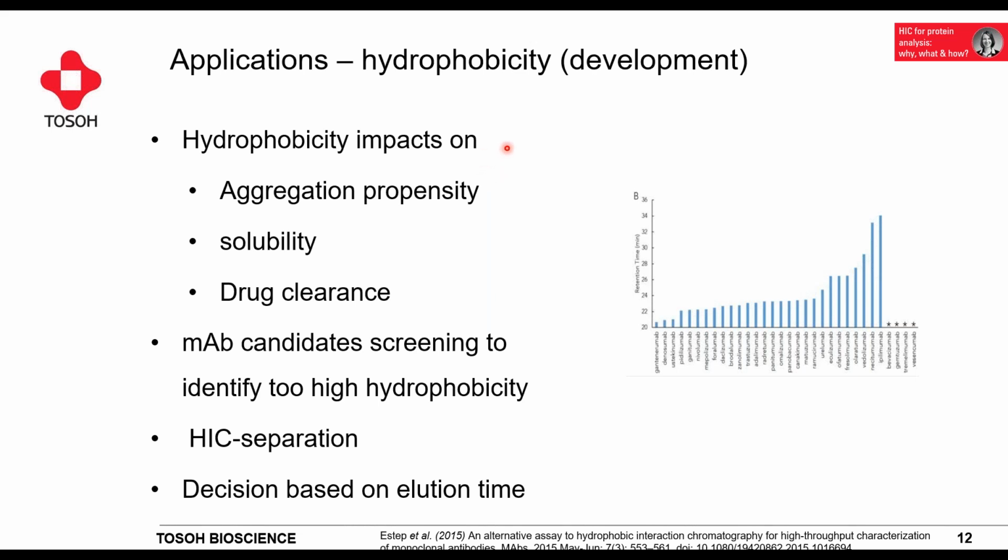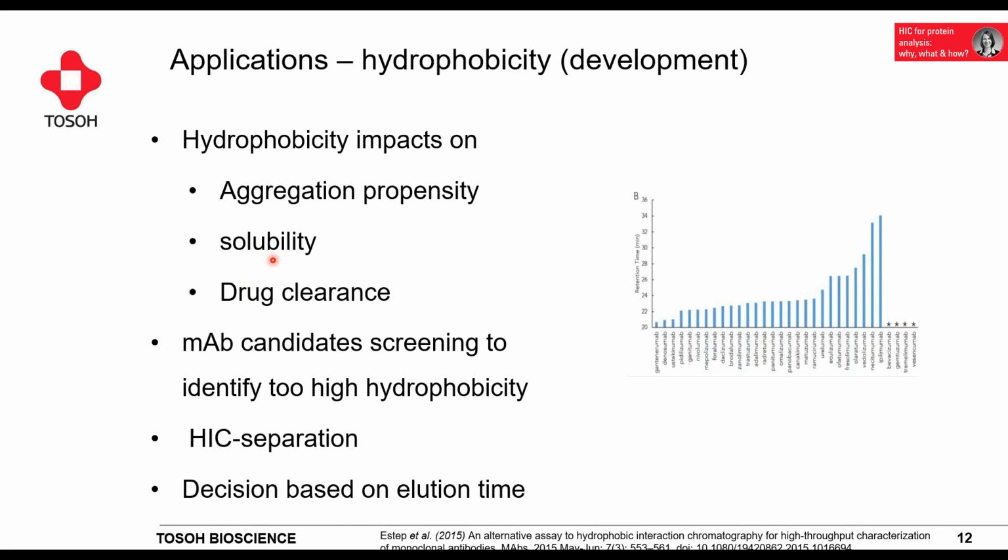Why? Because higher hydrophobicity leads to a higher aggregation propensity. It has an impact on the solubility of your molecule, and it also impacts drug clearance. So if the molecule is too hydrophobic, it is very likely it won't succeed in clinical studies.